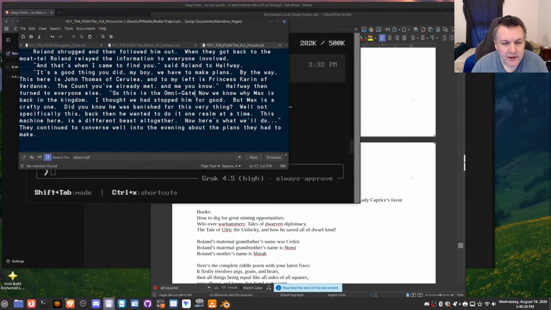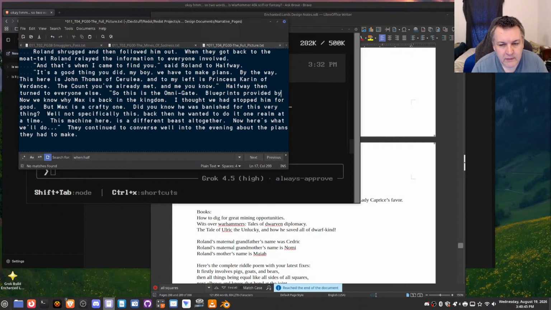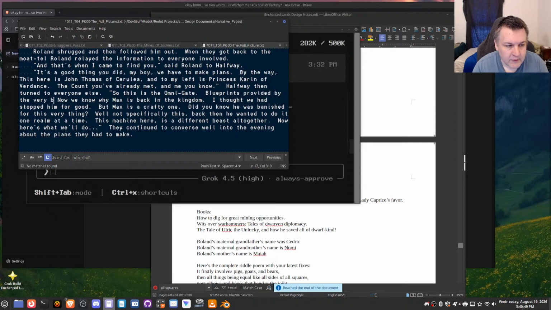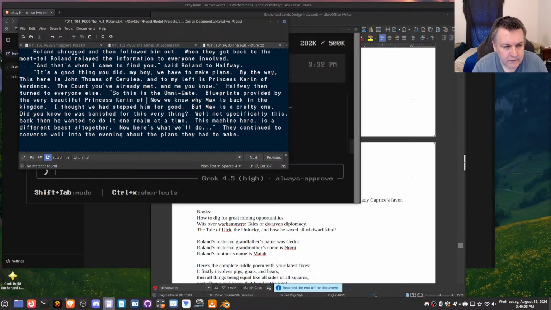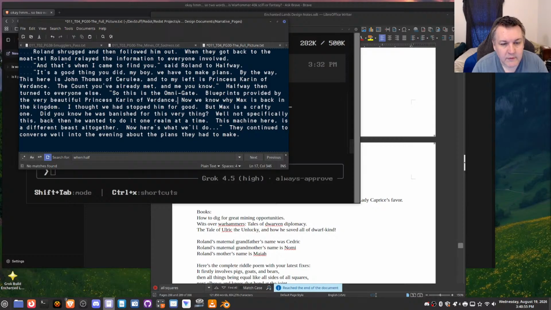This is the Omnigate. Blueprints provided by very beautiful Princess Karen of Prudence.